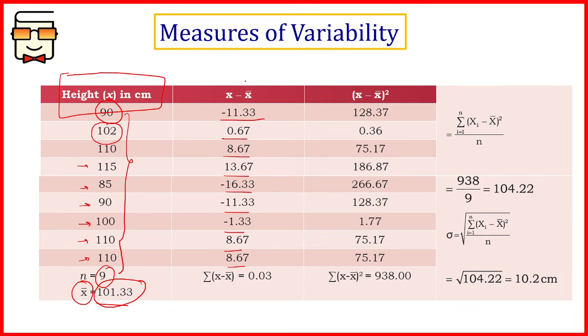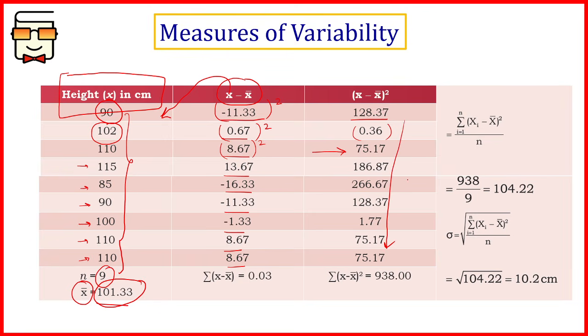These are in the form of x, where x means the observations taken from here minus the mean. Now you have to calculate the square of each of these differences. The square of minus 11.33 is 128.37. The square of 0.67 is 0.36. The square of 8.67 will give you 75.17 and so on.